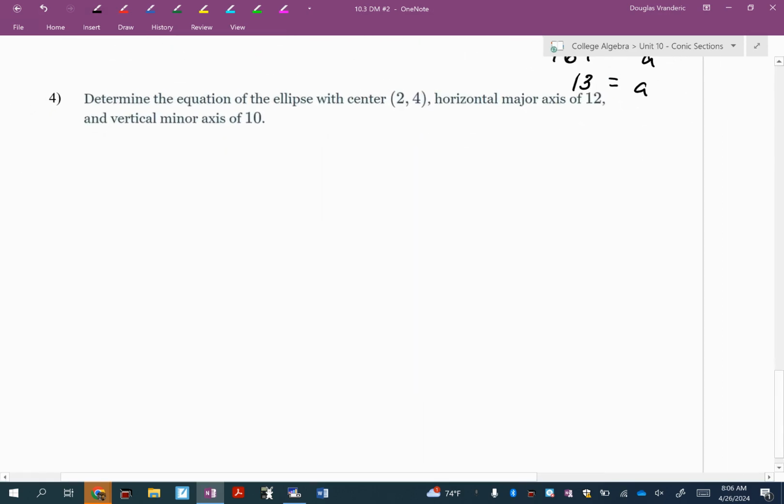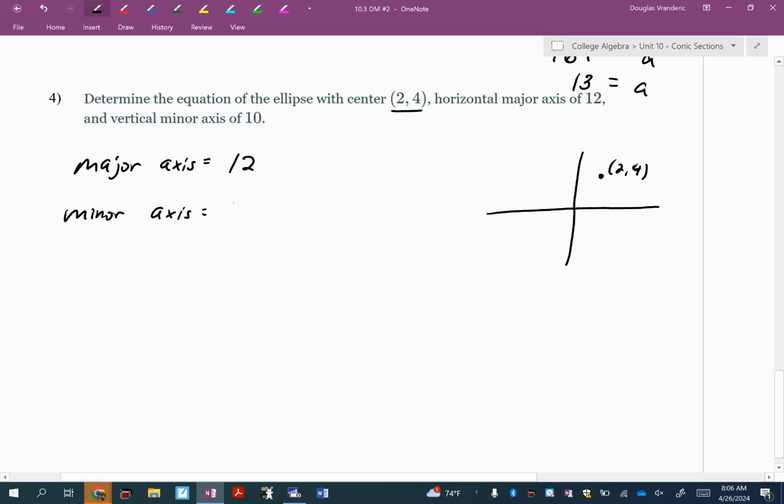Determine the equation of the ellipse with the center. So that's super nice because they give you the center. It's always helpful. So 2, 4. And it gives us actually the lengths of both axes. So the major axis is 12 and the minor axis is 10.